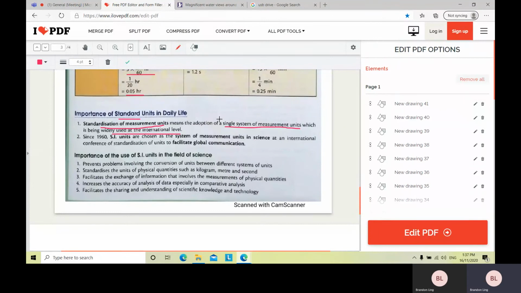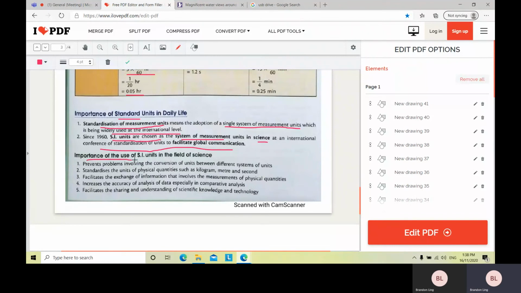Since 1960, SI units have been chosen as the system of measurement of units in science at the International Conference of Standardization of Units to facilitate global communication. So in all the universities and schools, we are basically using the same units to prevent confusion.